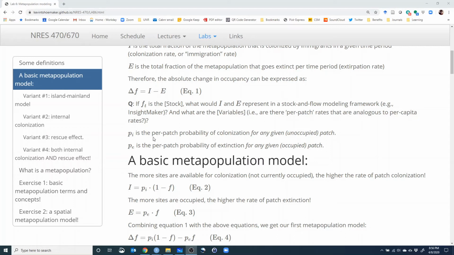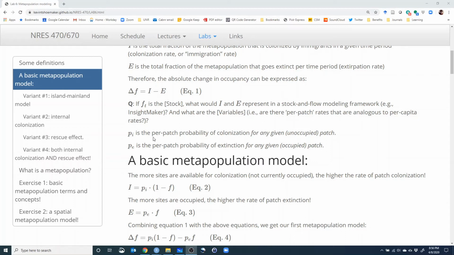And those rates would be per patch rates now, because patch is the essential unit that we're modeling. We're not modeling individuals. So are there any per patch rates that we might think are more likely to be constant than the total rate of immigration and the total rate of colonization and the total rate of extinction within the metapopulation?